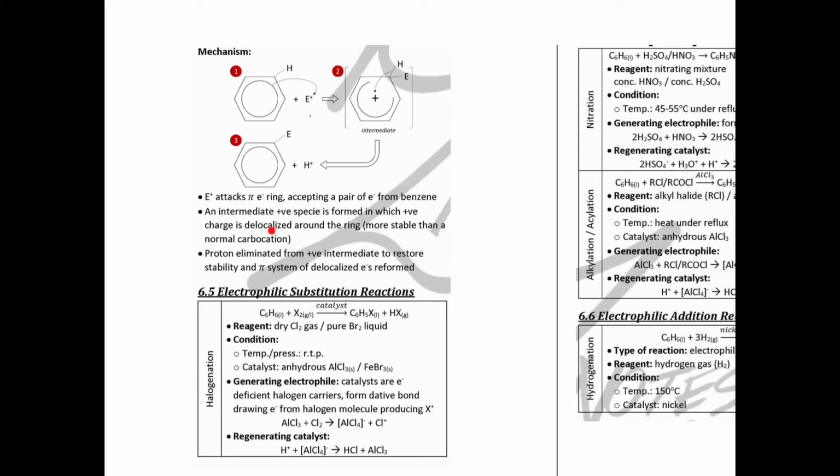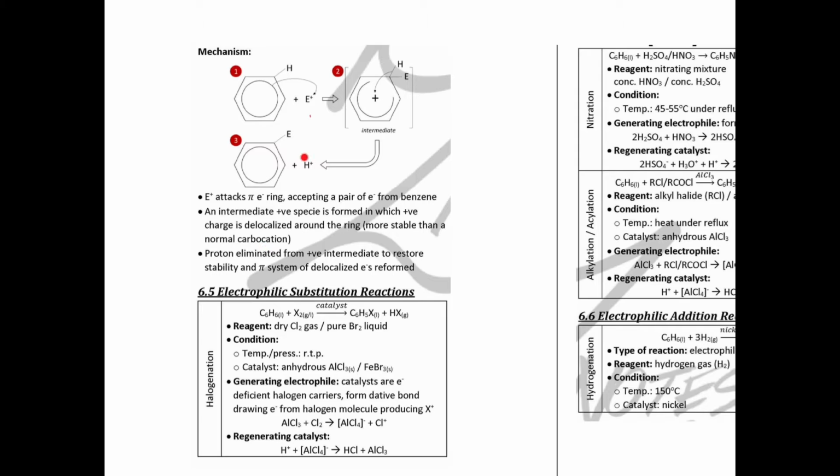A carbocation is carbon with positive charge. That is less stable. This is more stable, but still it is not so stable that it can remain as this structure all the time. So it will still change to something else which is more stable, which is number 3. Proton eliminated.